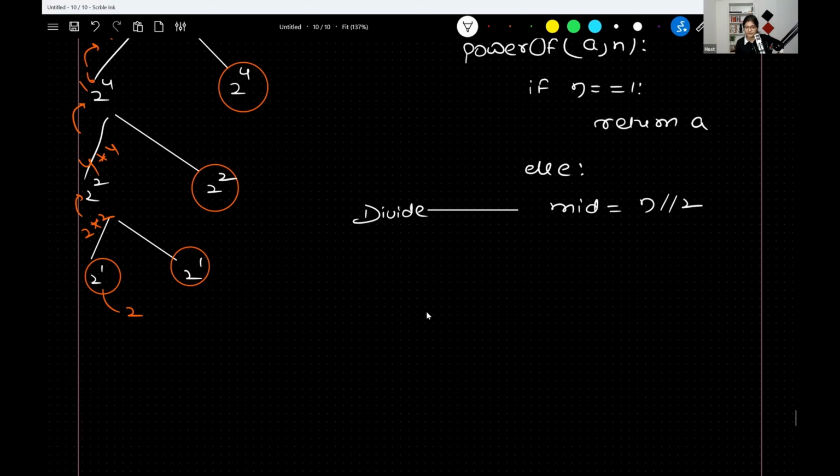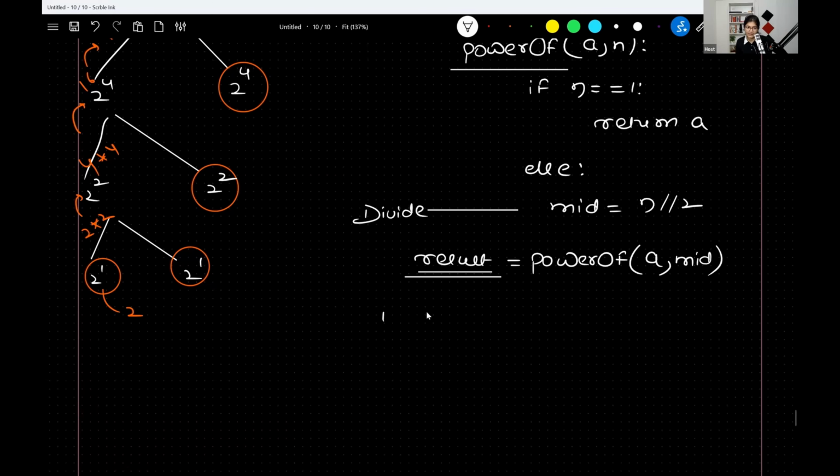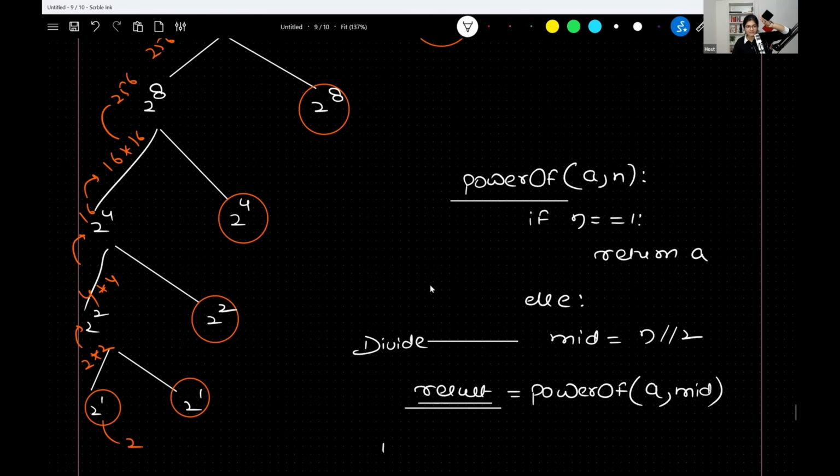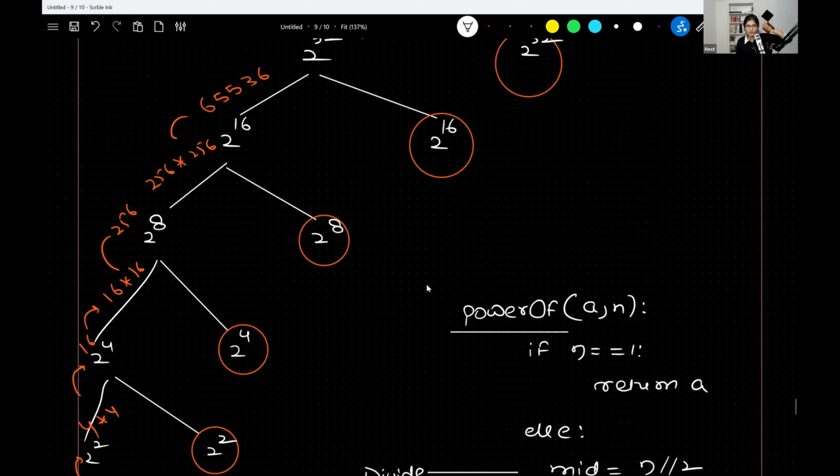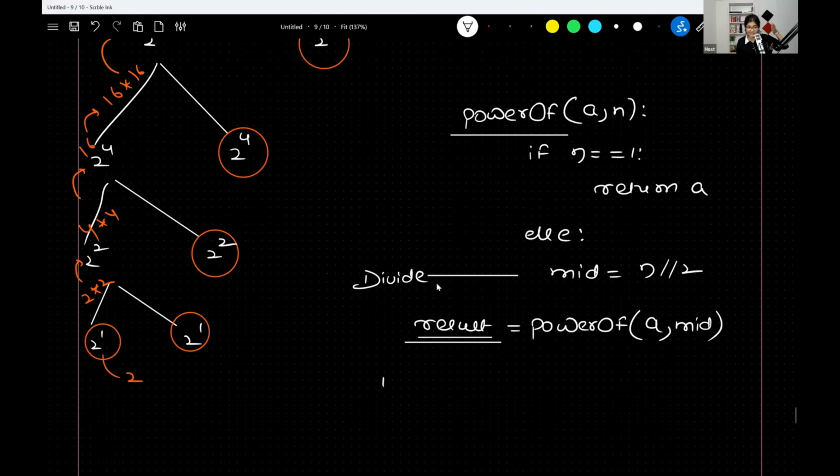After that, our result will be equal to what value? We will call this function again, power of a comma mid. We will do the same task with that mid value. That is the result, and we are storing that result here. We will keep on finding that mid value, mid value, mid value, until we reach this condition.